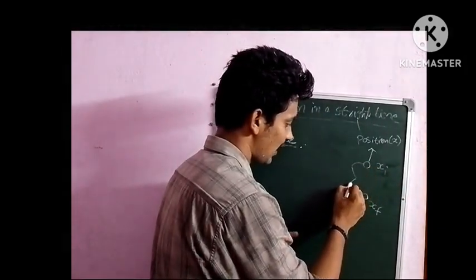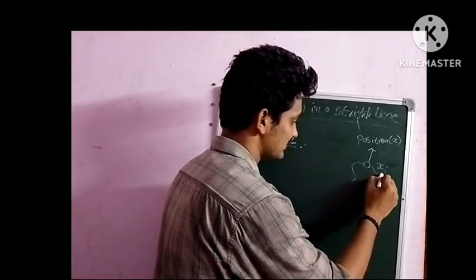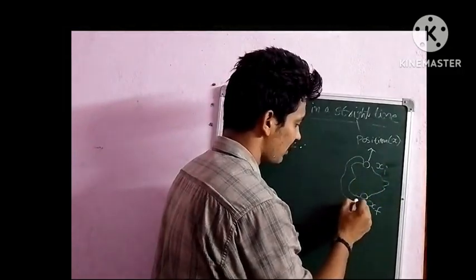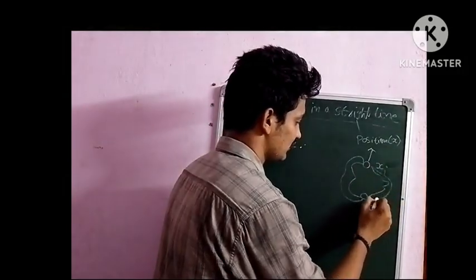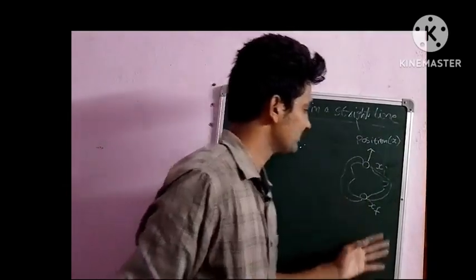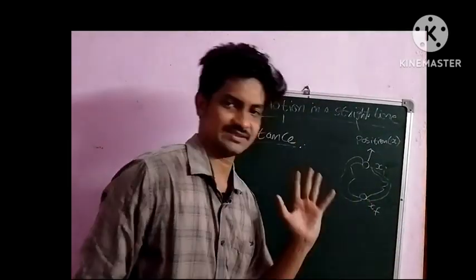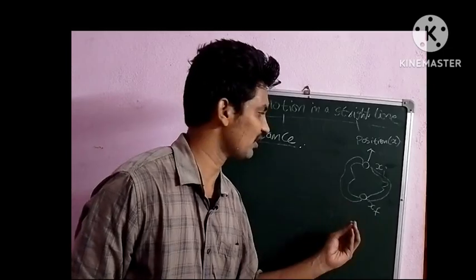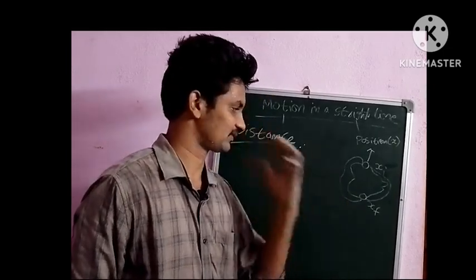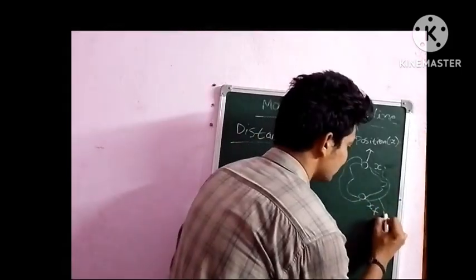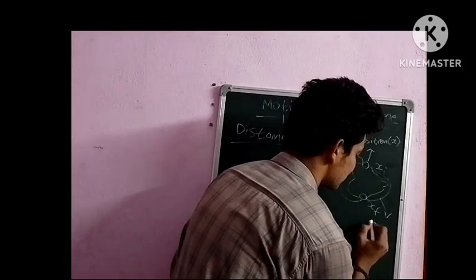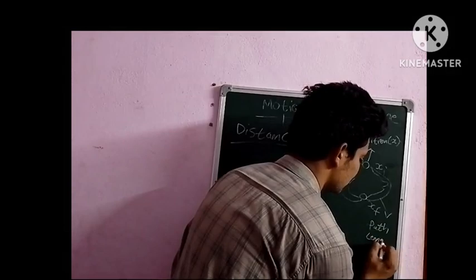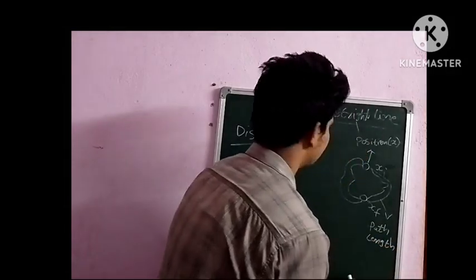This is one path length, this is another path length. Whatever distance the object travels, that path length is called distance.